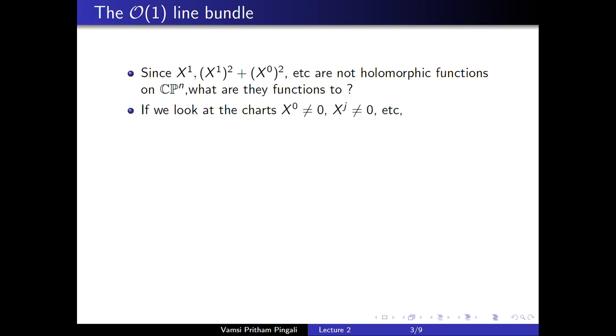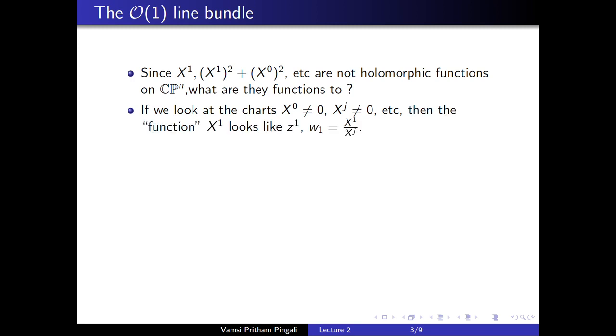So let's look at this particular quote-unquote function x1, and let's look at what it looks like in charts. Well, what do charts on CPn look like? You take x0 non-zero, x1 non-zero, x2 non-zero, etc. These are all charts in CPn.